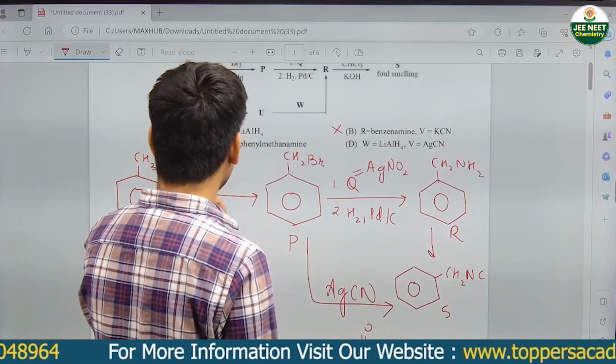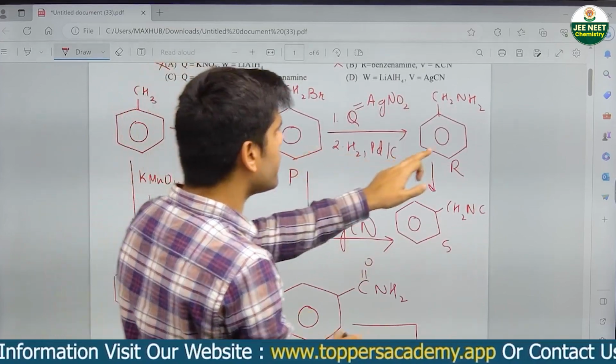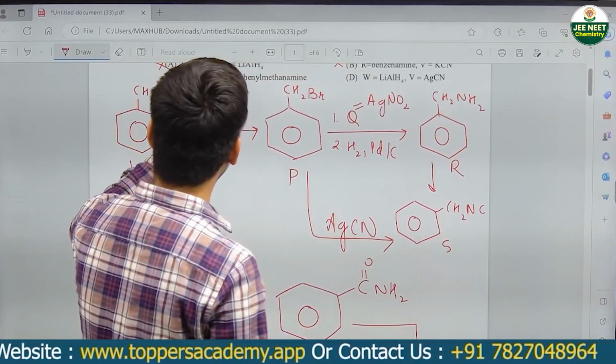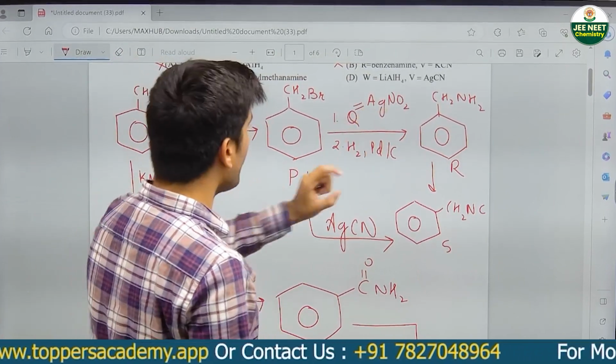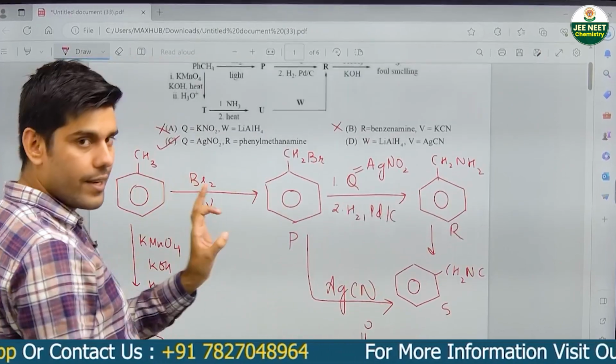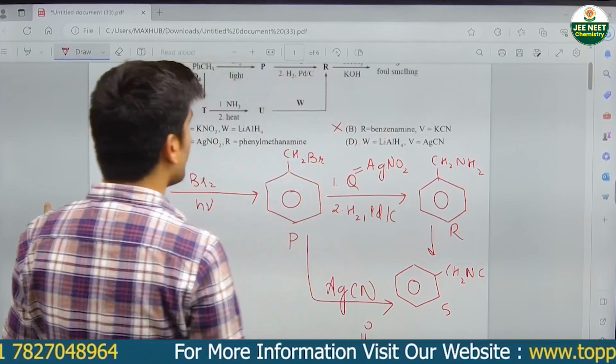If we see the C option, it says that R is phenylmethanamine. Yes, C is absolutely correct, if we have used Q as AgNO2 and R is phenylmethanamine, which is absolutely fine. So C is definitely one of the answers. Now, W is LiAlH4, and yes, we know.